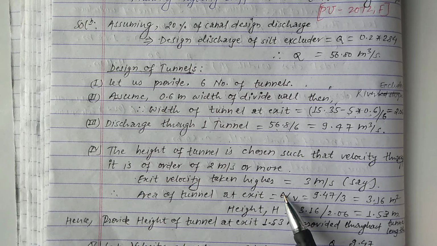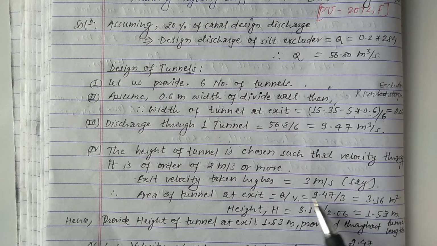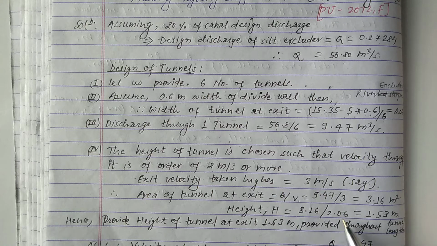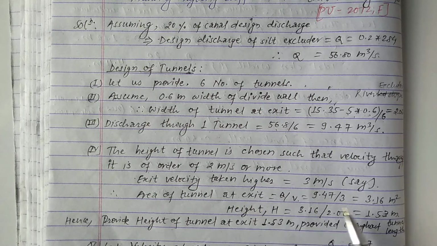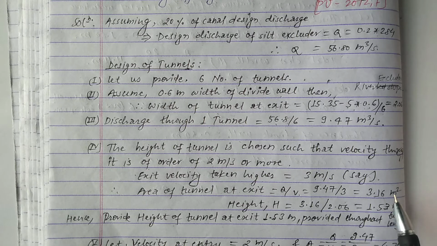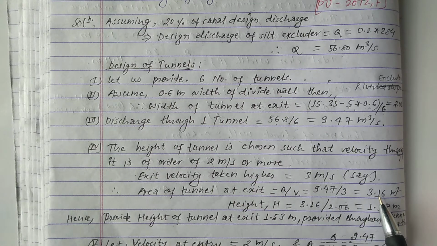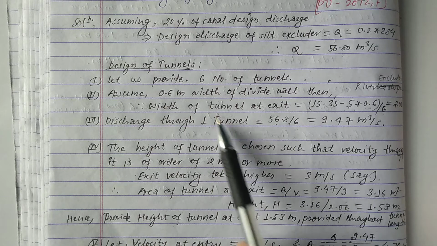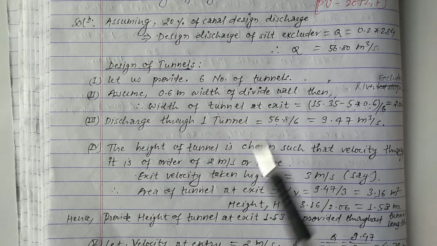The discharge that we calculated for a single tunnel is 9.47 and the velocity we took is 3, so the area becomes 3.16 meter square. And the width of the tunnel is already known, that is 2.06 meter.